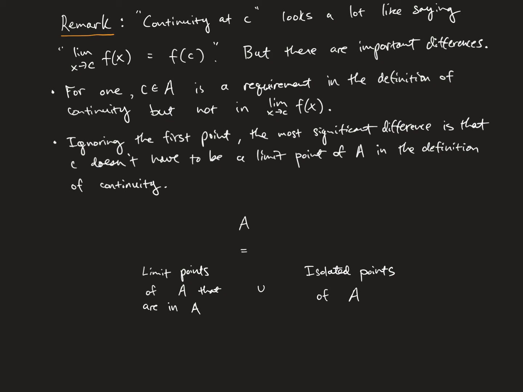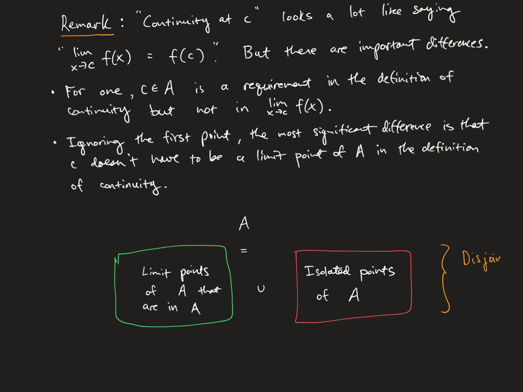So maybe I'll want to denote these by different colors. Okay, and this is a disjoint union. So the sets involved in this union are disjoint. And that's just directly from the definition.